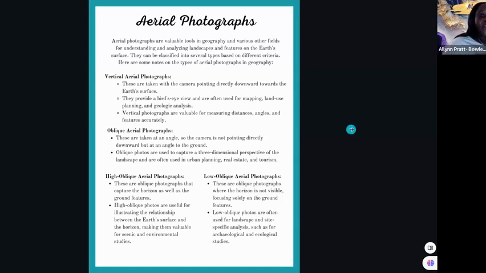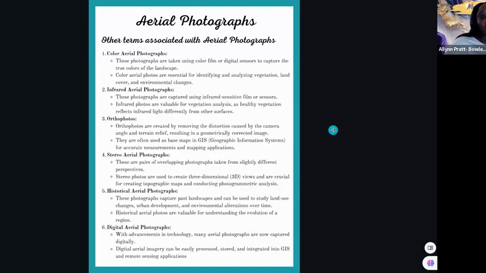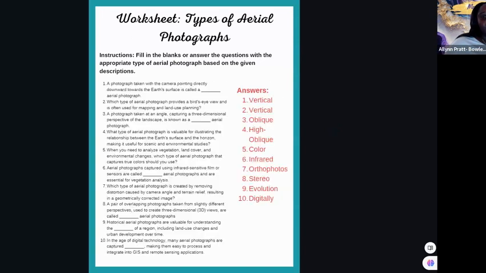But these aerial photographs are something that you need to know. There are two main types of aerial photographs, vertical aerial photographs and oblique aerial photographs. Oblique aerial photographs are categorized into high oblique aerial photographs and low oblique aerial photographs. And let's show you a diagram of it in a second.